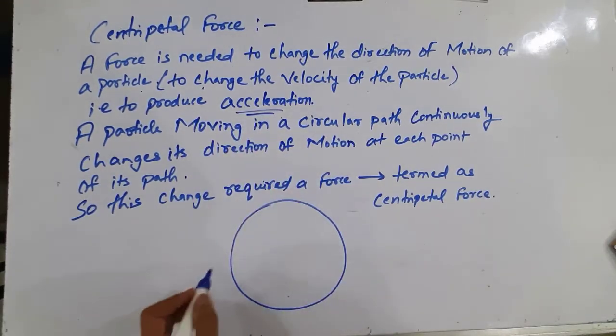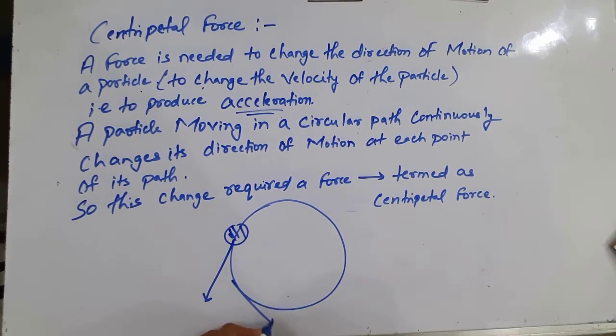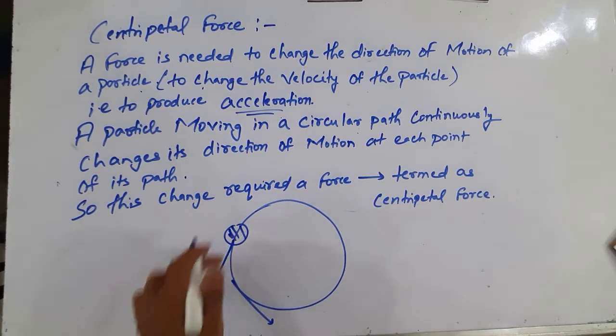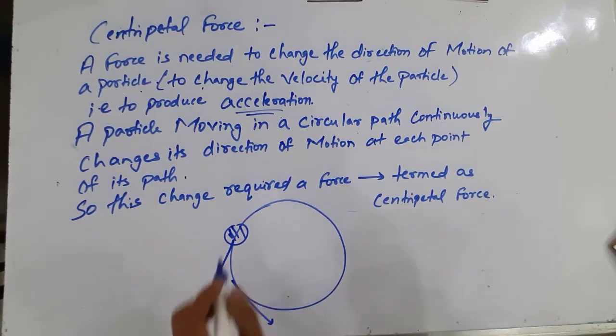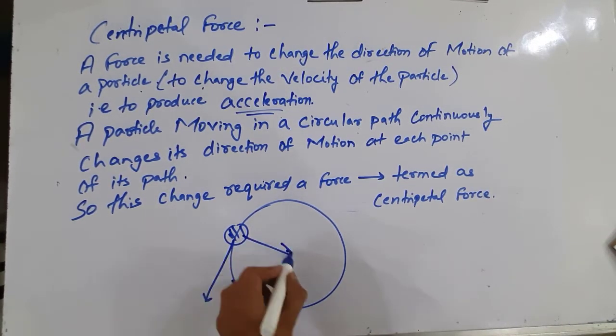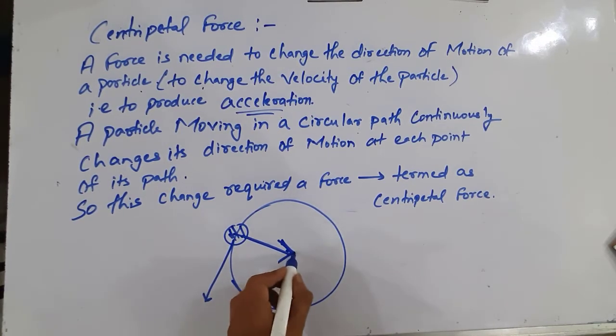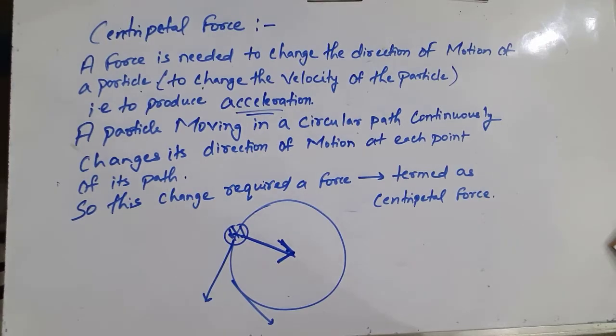Whenever a body is moving in a circular path and changing its direction of motion, there is always a force responsible to turn the body in a specified direction. The force responsible here is called centripetal force, and always remember that it is directed towards the center.